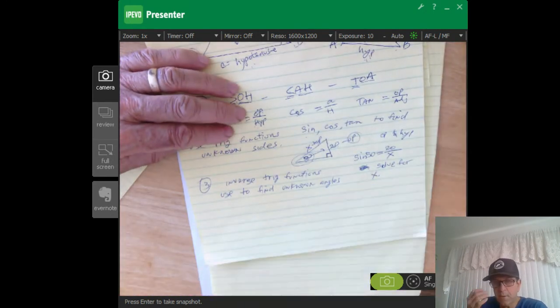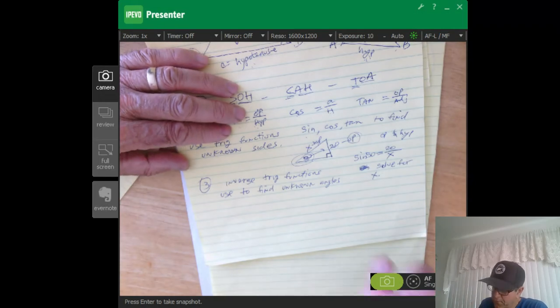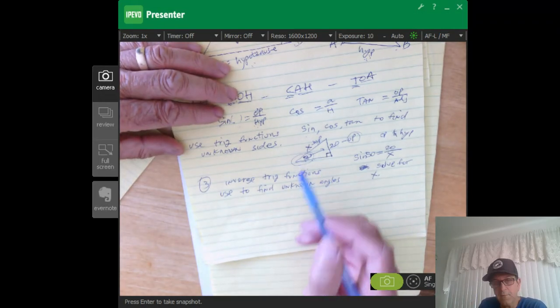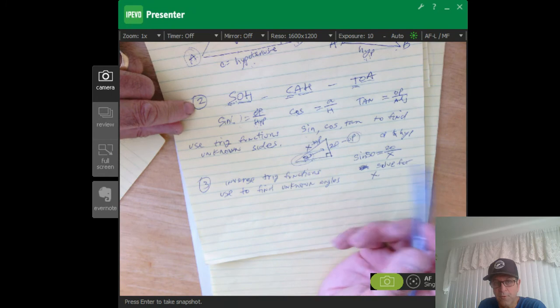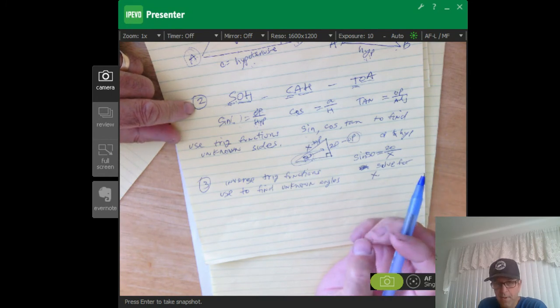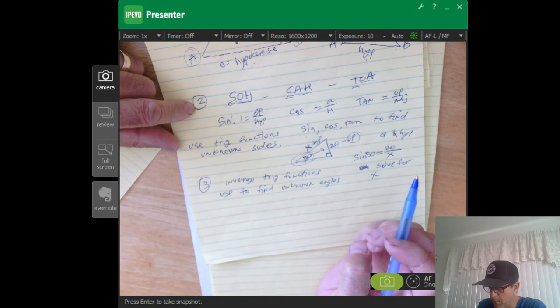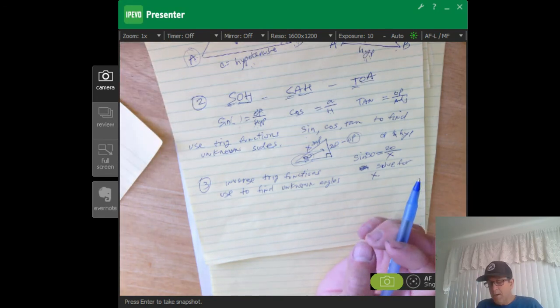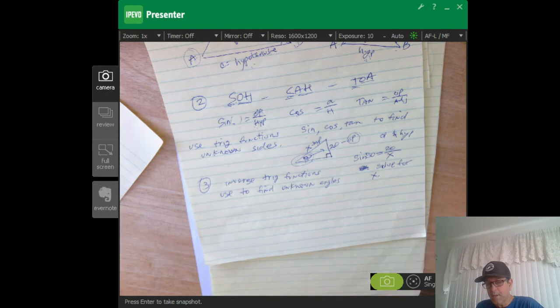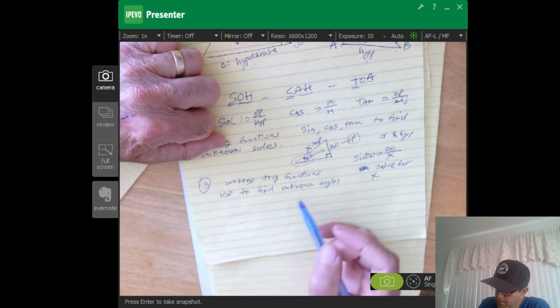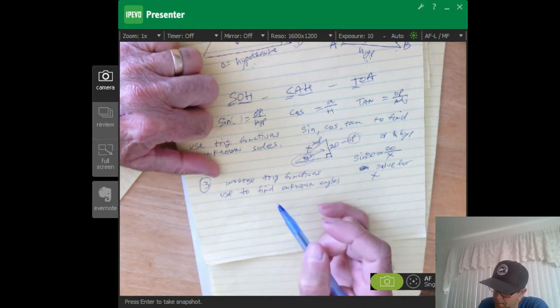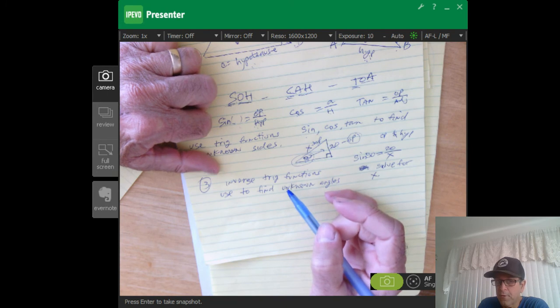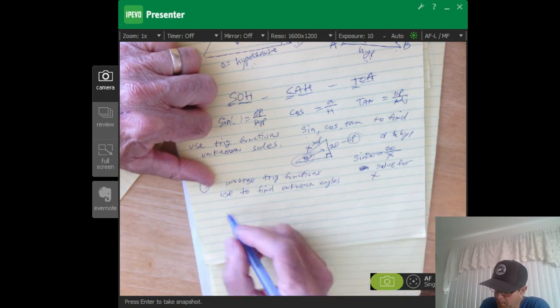Okay, so you're going to use this one similar to the trig functions. You're going to decide whether you're going to be using sine, cosine, or tangent based on the sides that you have and the angle that you're looking for. And then you're going to plug them in and use your calculator. Then you write that in as the inverse of that function, and then use your calculator.